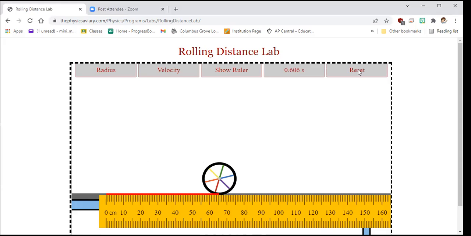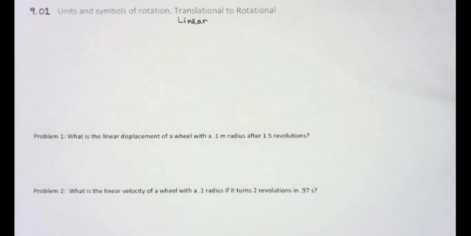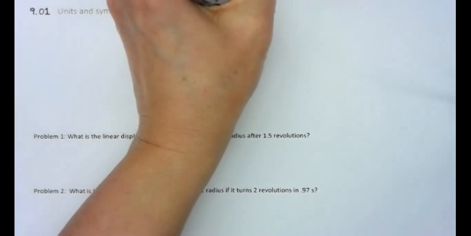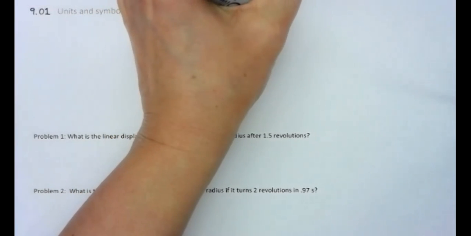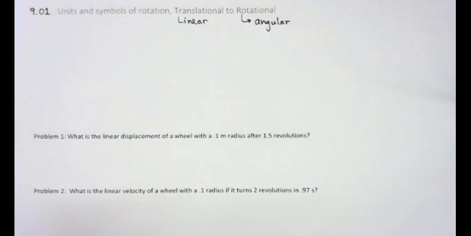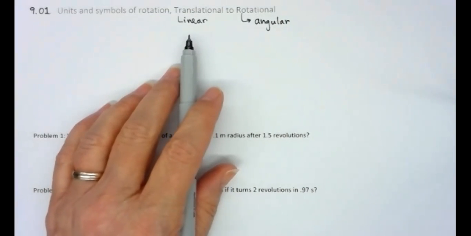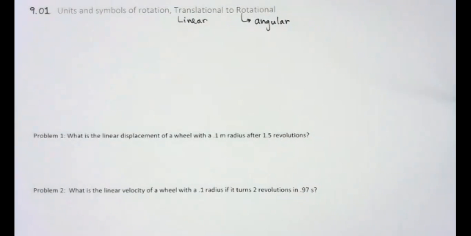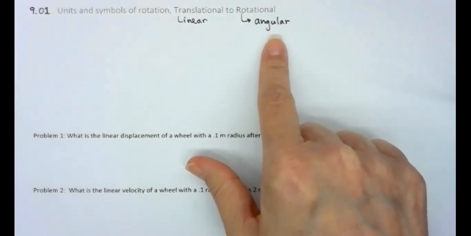So what we see is that I have to compare my two different types of motion. I have rotational motion and I have linear motion. Let me stop sharing my screen and hit reset. Values for rotational motion are what we call angular values. Linear is what we've been working with, where that's meters per second squared, but angular is something new.